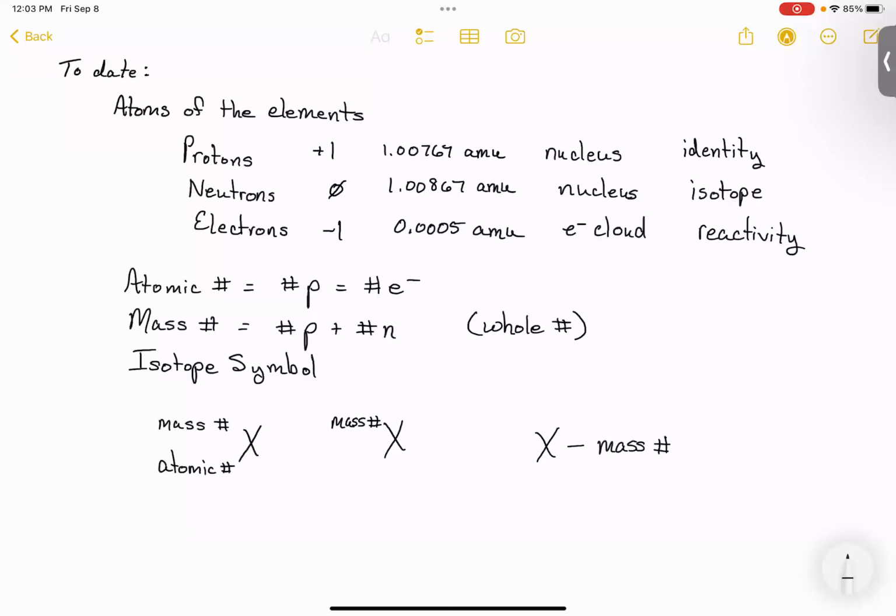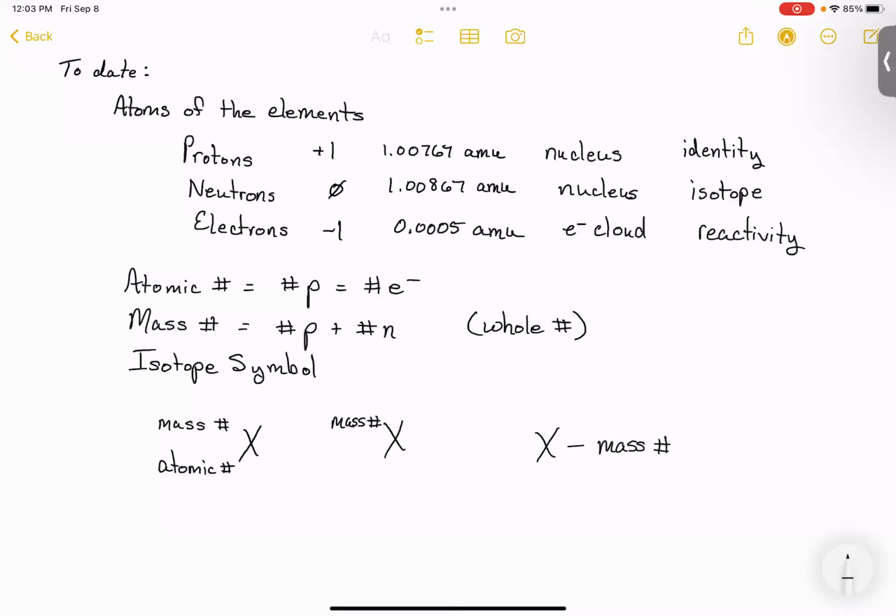What that means is if I go dig up carbon, and I take a sample of carbon and I run it through an instrument called a mass spectrometer, I will find that there are two types of carbon. One is carbon 12, which is the most abundant of the carbons, and one is carbon 13. The difference in carbon 12 and carbon 13 is the number of neutrons. And so those are isotopes of one another.